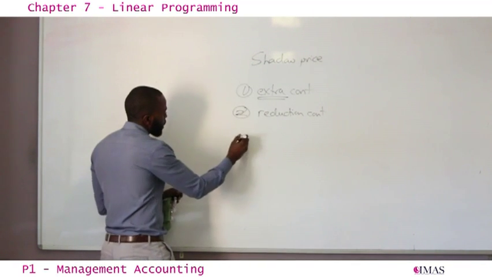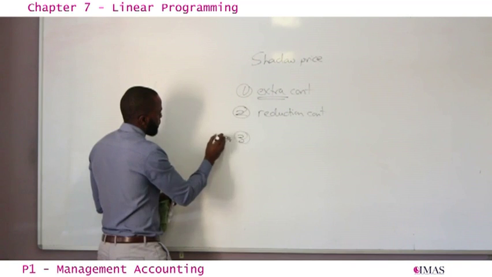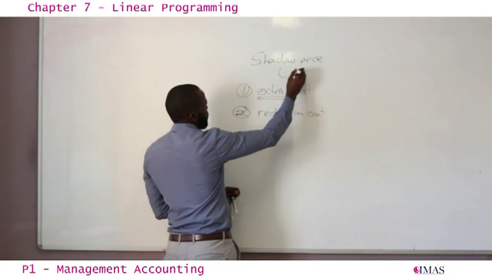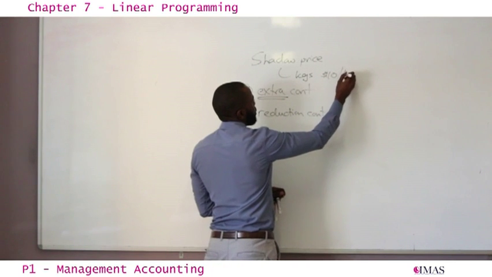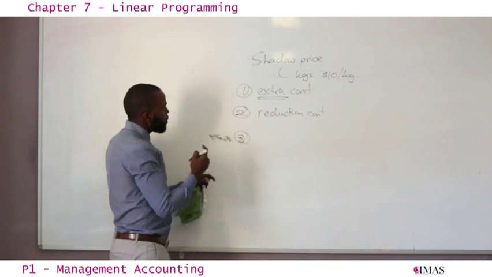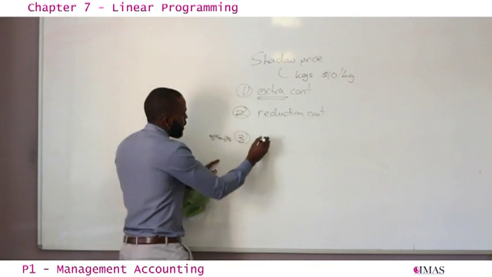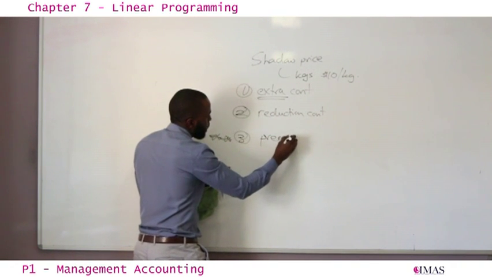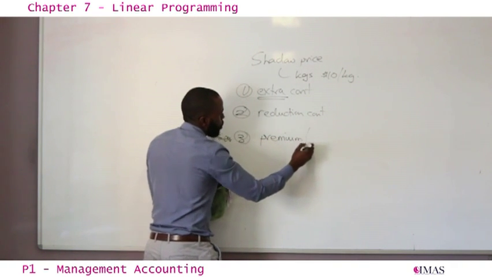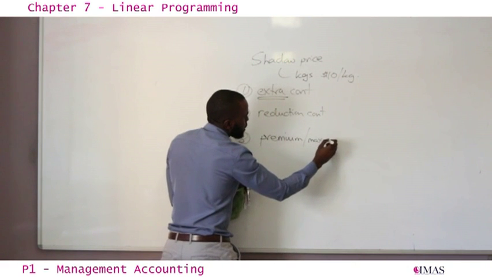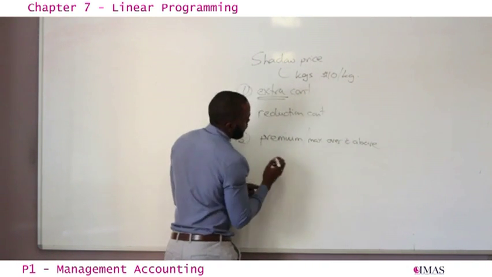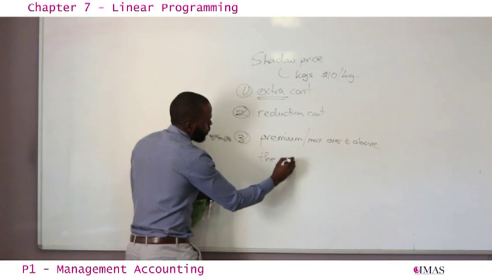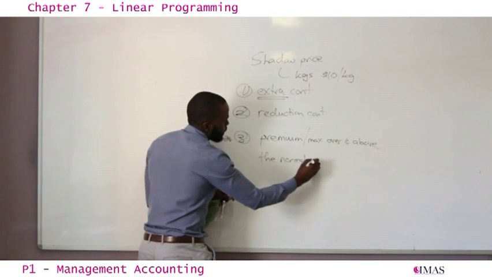Then we talked about the 3rd way, which is more important. So let's say we're looking at cages that are costing us $10 per kg. So the shadow price now, we can look at it as the premium, or the maximum over and above the normal rate.